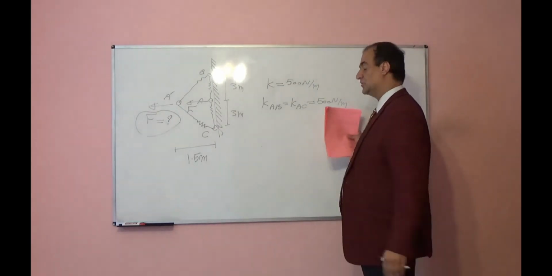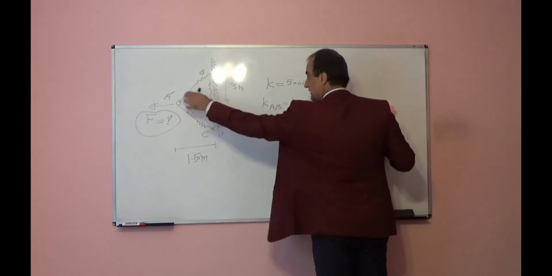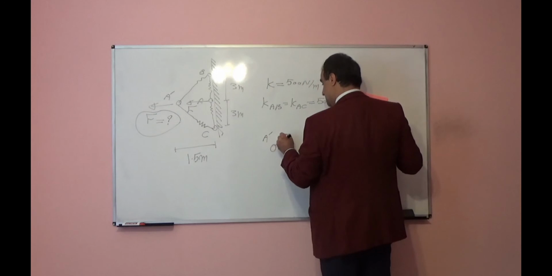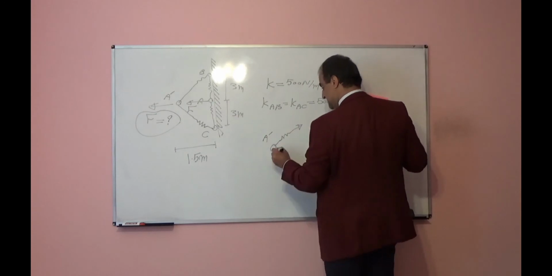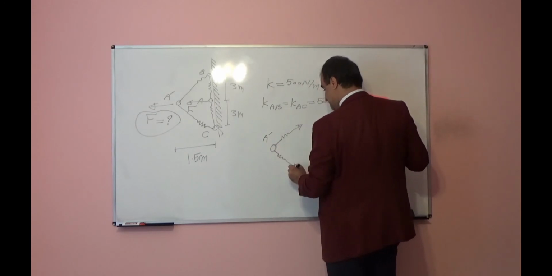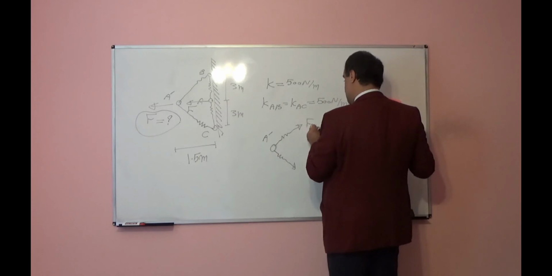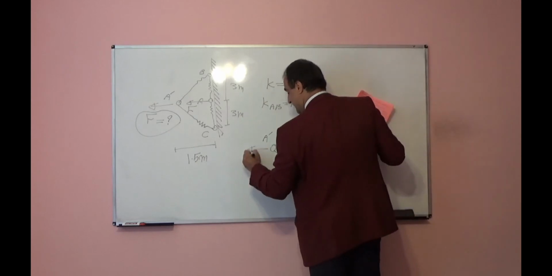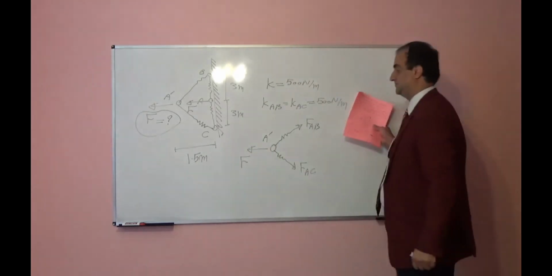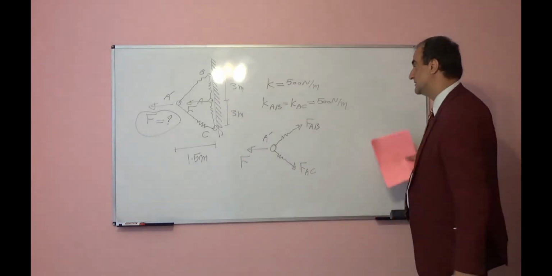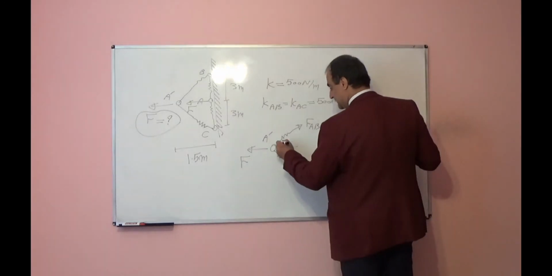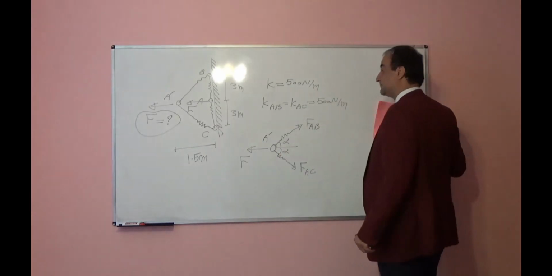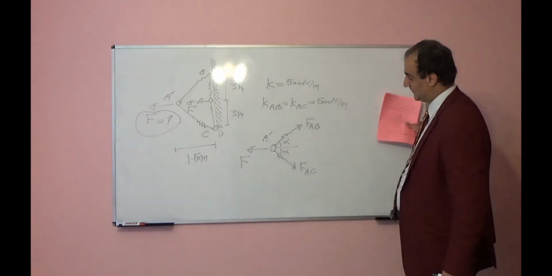In order to find the force, I can look at the equilibrium point. So this is point A prime. Spring AB, spring AC, so FAB, FAC, and here I apply force F. Because this system is symmetrical, this is alpha, and I can find the alpha.